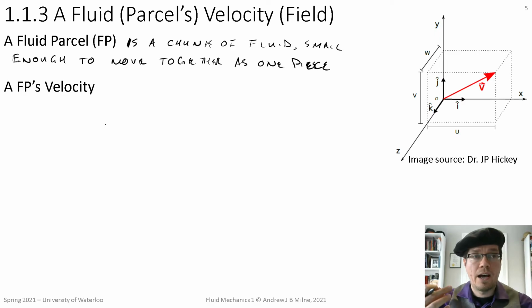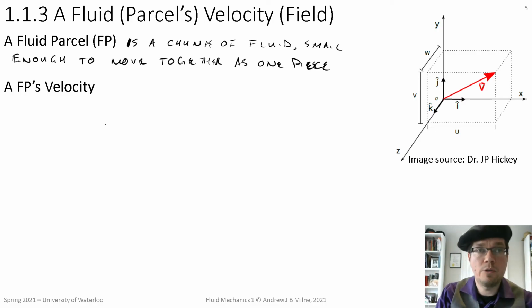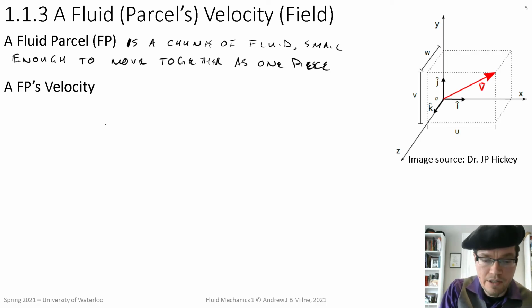And regardless though, once we've got a fluid parcel, there's two ways we can think about the velocity of a fluid. So a fluid parcel's velocity is, just as usual, the time rate of change of position.